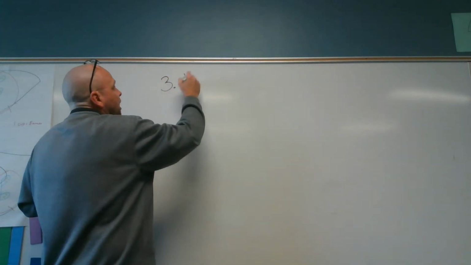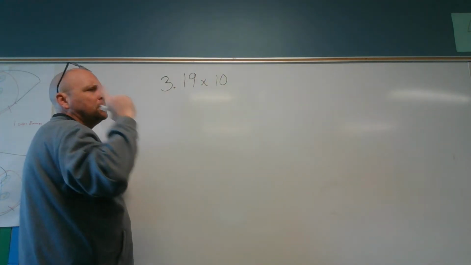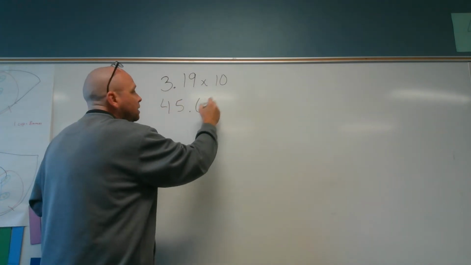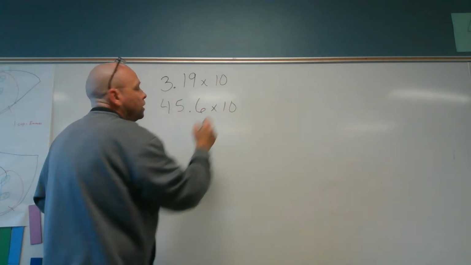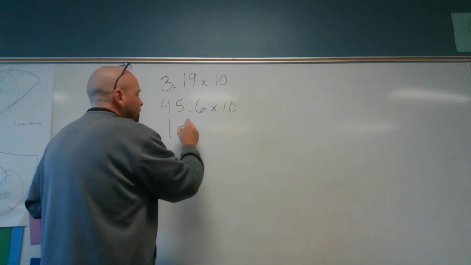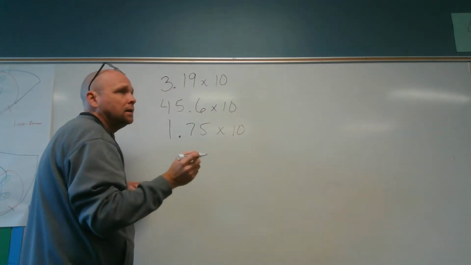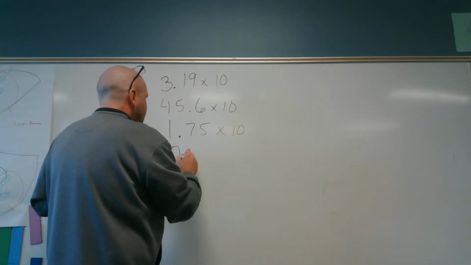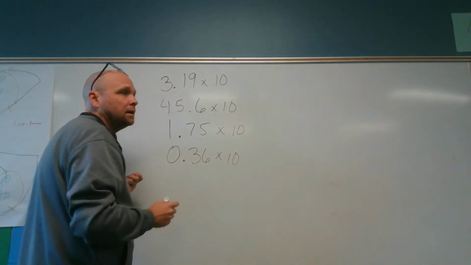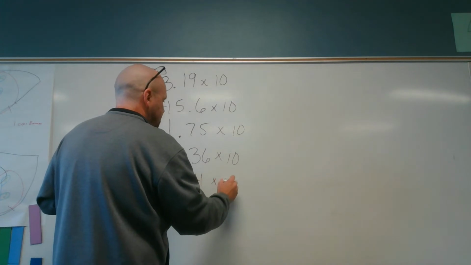3 19/100 times 10. I'm just making this up off the top of my head. 45 6/10 times 10. 1 75/100 times 10. 0 and 36 hundredths times 10, and 214 times 10.